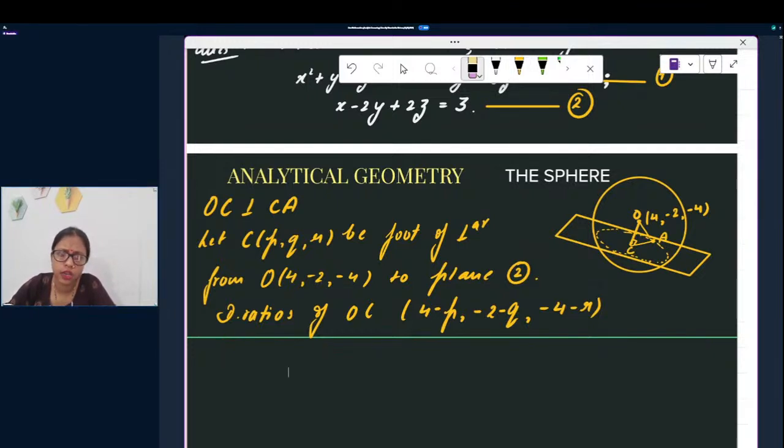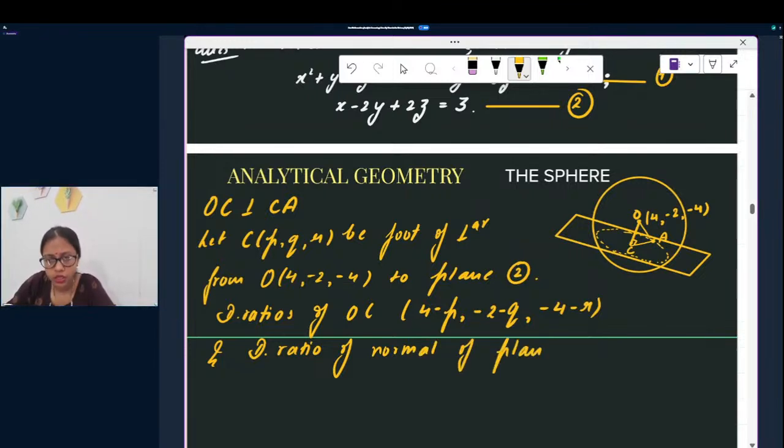And the direction ratios of the normal of the plane, what is it? That is 1, minus 2 and 2. These are the direction ratios of the normal of the plane. So the normal will obviously be parallel to this perpendicular, because this normal is perpendicular and OC is also perpendicular, so they are parallel.